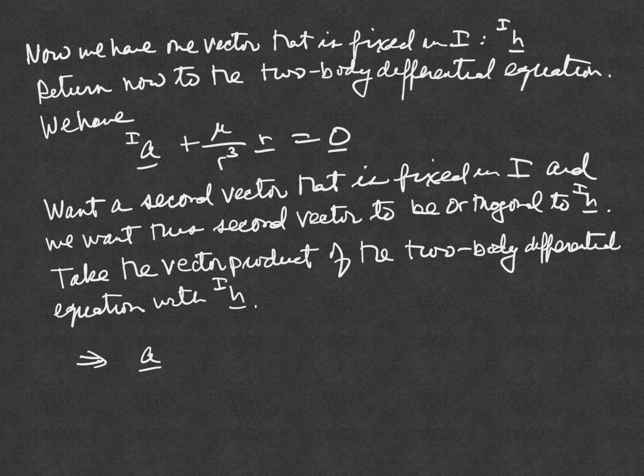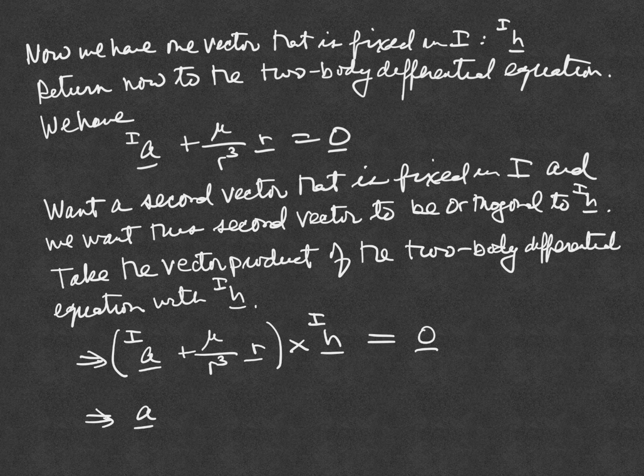We take a_I plus mu over r cubed times r, and we take the vector product with h_I. Well, that of course is still going to equal 0 because the two-body differential equation itself is equal to 0. Now what we're going to do is split this up into two parts. So we get a_I crossed with h_I plus mu over r cubed times r crossed with h_I. And that's still equal to 0.